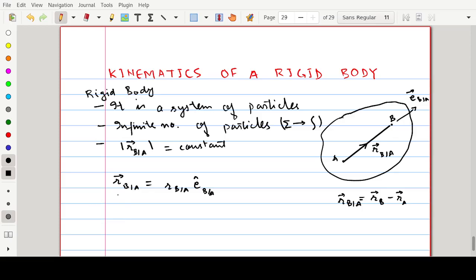So I can expand RBA into RB minus RA is equal to RBA EBA.